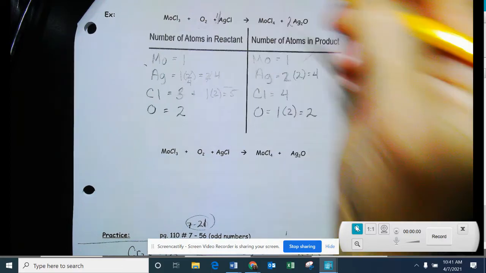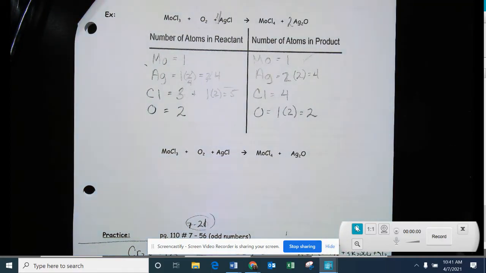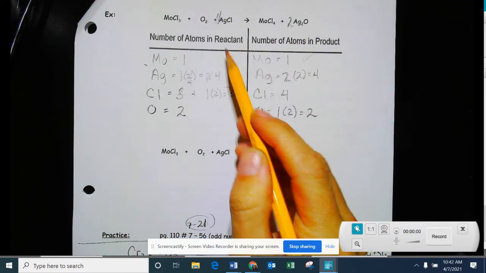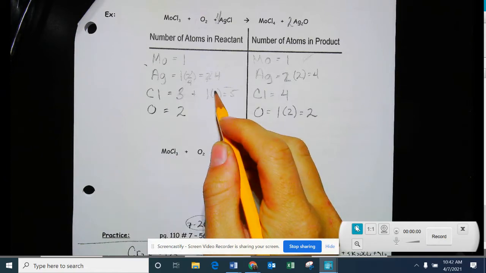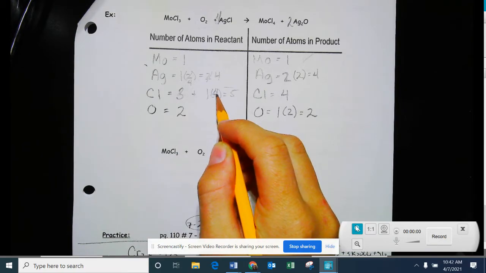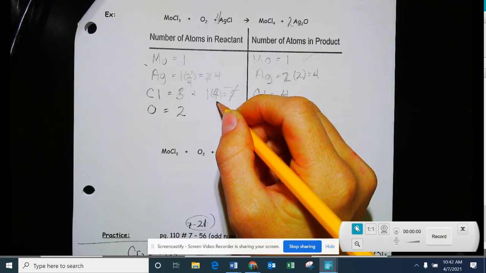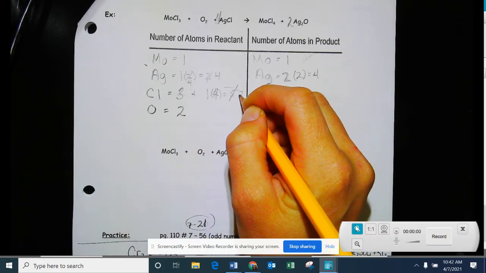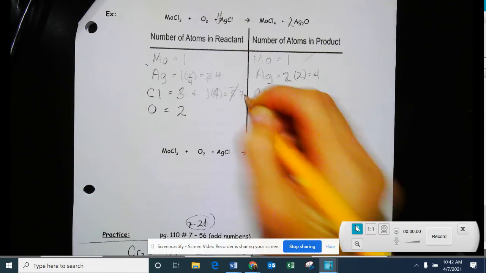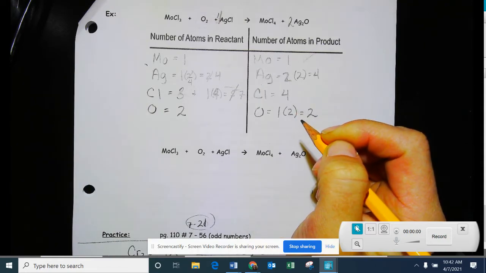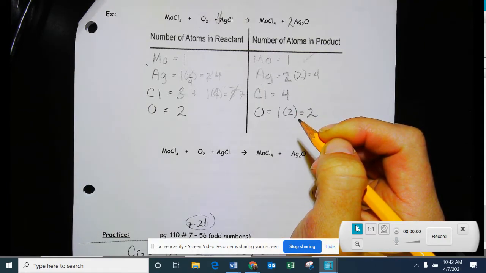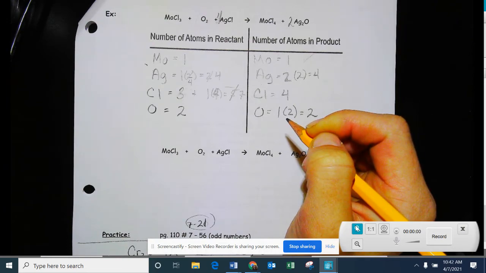So I'm throwing a 4 in there. Okay, and then that means I've also affected my chlorine by multiplying that by 4, which means instead of 5, that is 7. Okay, 7 chlorines. Interesting.